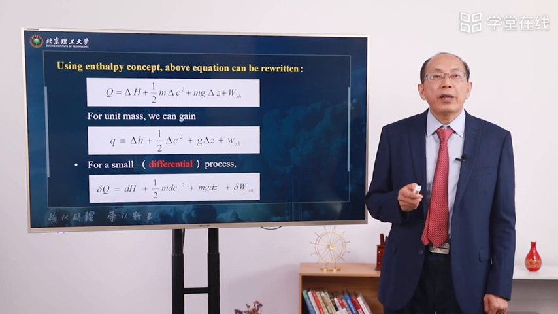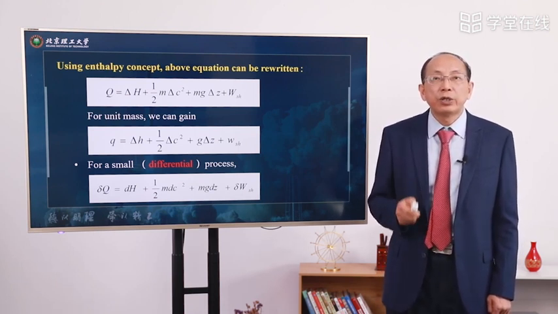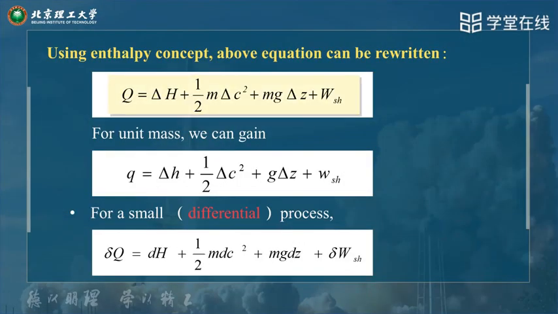Using the enthalpy concept, the equation can be written Q equals delta H and kinetic energy difference, potential energy difference, and useful work WSH. For unit mass, we can gain small q equals delta small h and kinetic energy and potential energy and WSH.